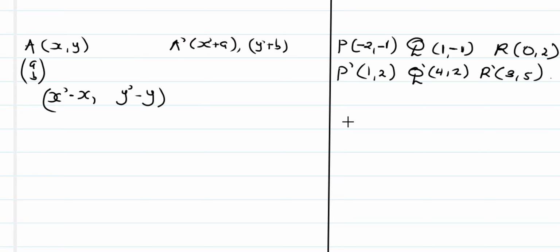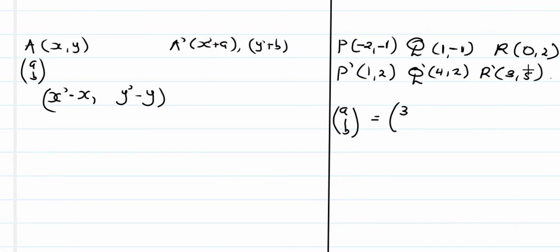Let me call the translation vector (A, B) and just take any of these points, for example R translated and the original R. For A, I take the translated X, which is 3, minus the original X, which is 0. So A is 3 minus 0, which is 3.